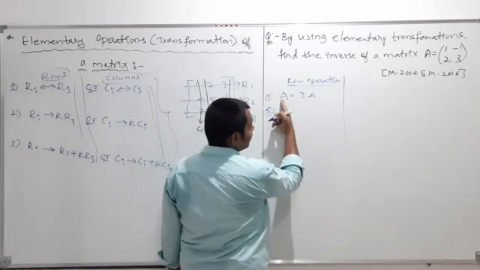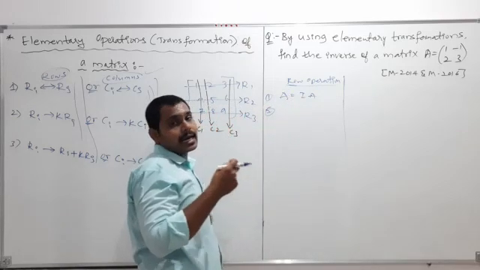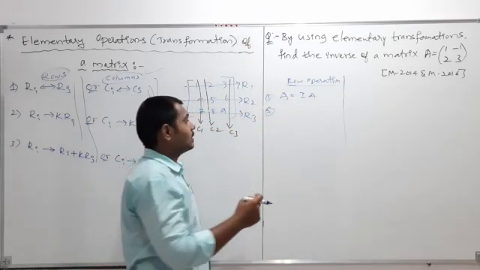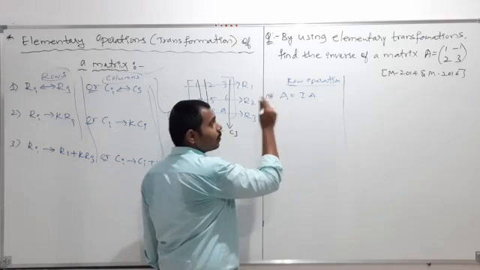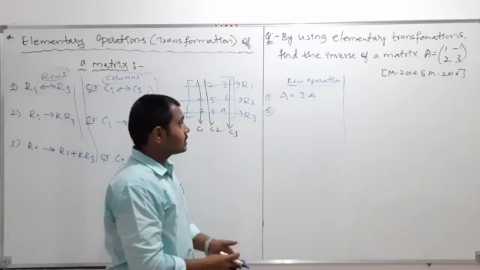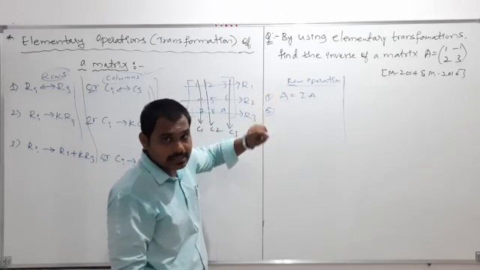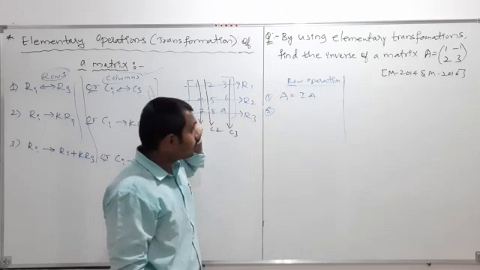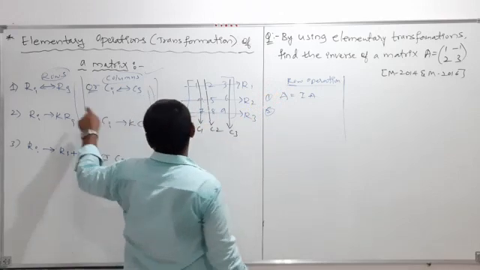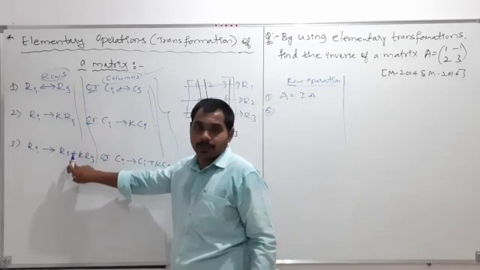You should convert that A matrix as the identity matrix. Whatever matrix you have in the place of A on the LHS, you should convert it into the identity matrix, the I matrix. To convert the LHS part into the identity matrix, you can use any of these three operations. Clear?